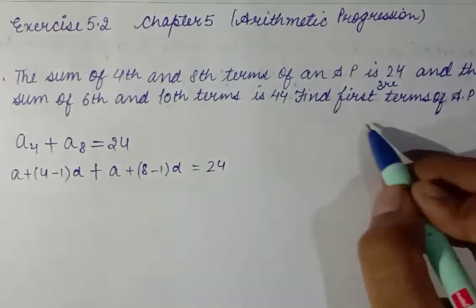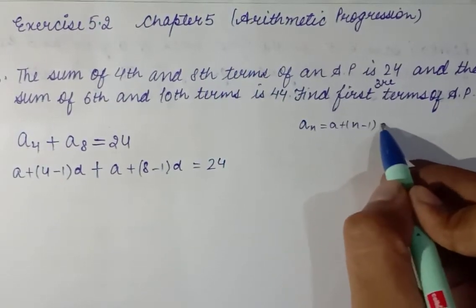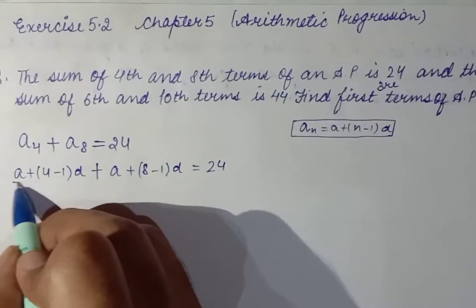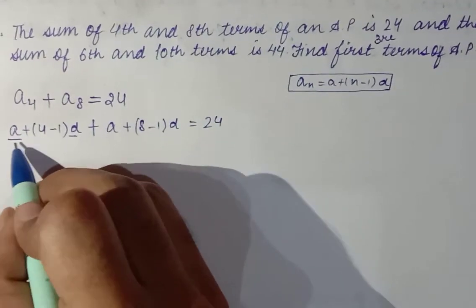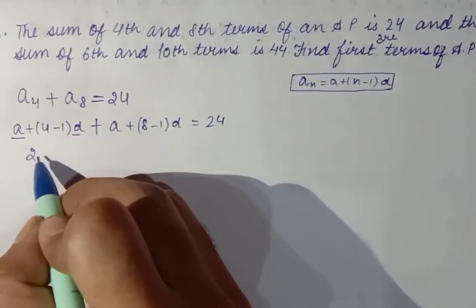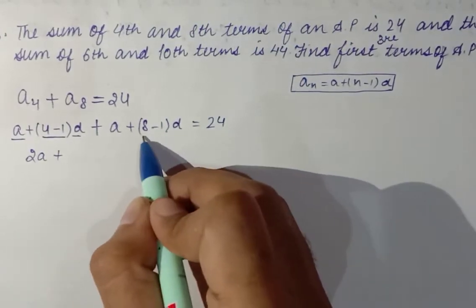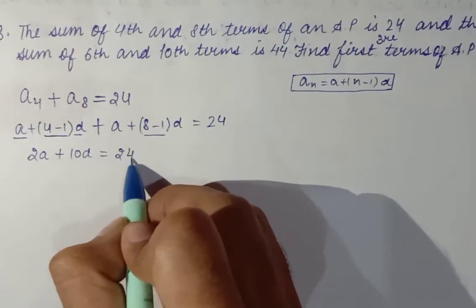By using the formula an is equal to a plus (n minus 1)d, where a is the first term and d is the common difference. Now by solving this we get 2a plus 3d and 7d, that is 10d, is equal to 24.